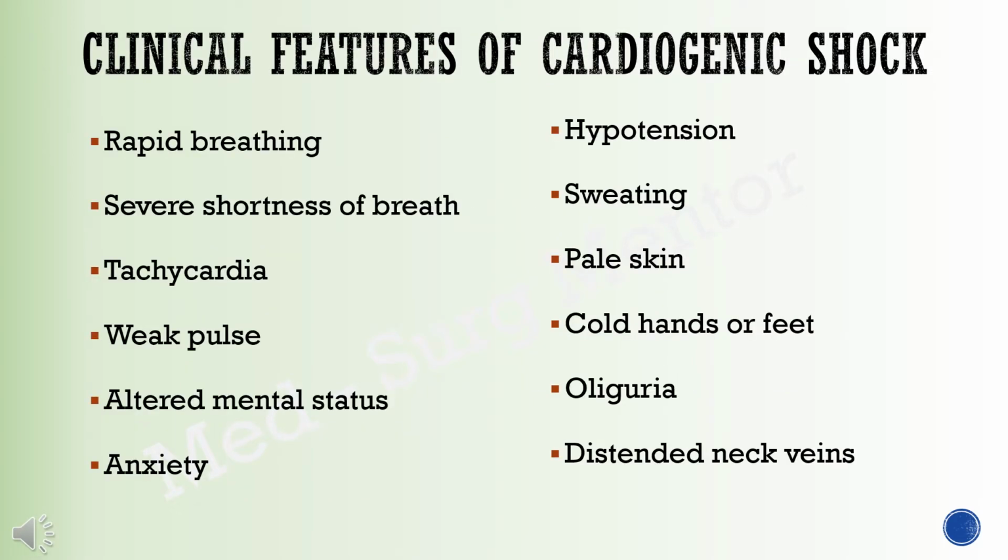Common clinical features of cardiogenic shock are rapid breathing, severe shortness of breath, tachycardia, weak pulse, altered mental status, anxiety, hypotension, sweating, pale skin, cold hands and feet, oliguria, and distended neck veins.